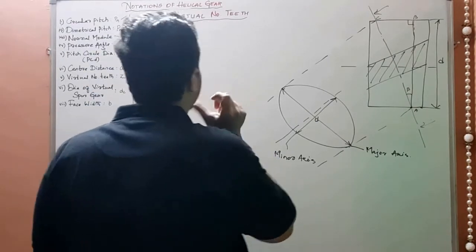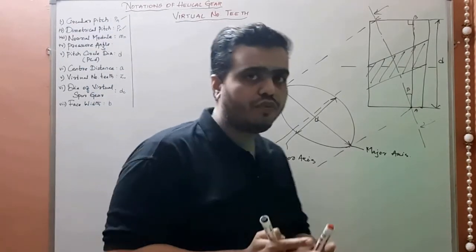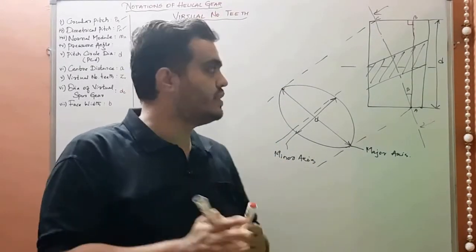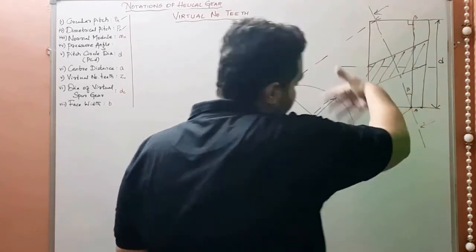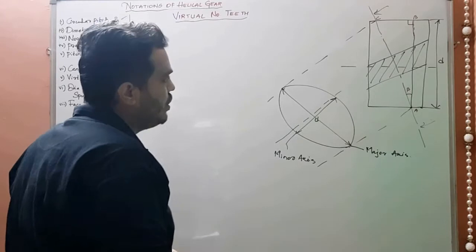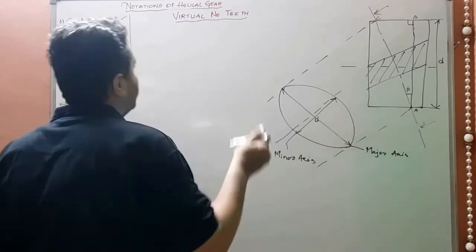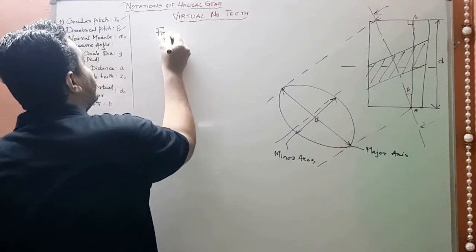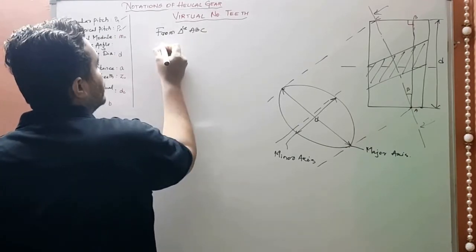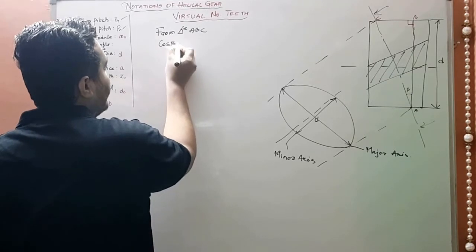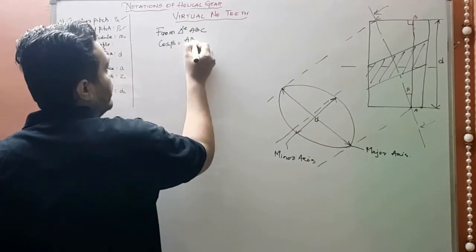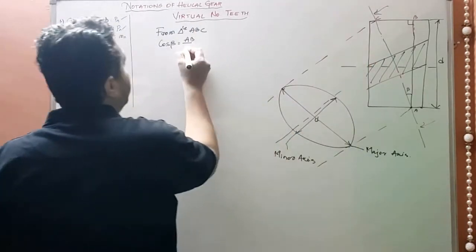To find out the virtual number of teeth: virtual number of teeth is nothing but imaginary teeth. We need to imagine the teeth from the normal plane. From triangle ABC, we will get cos beta, adjacent by hypotenuse, that is AB by AC, right?